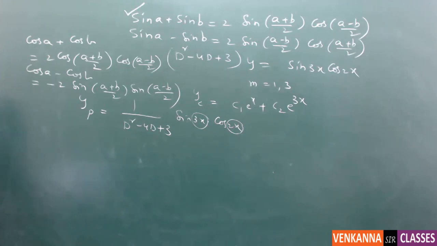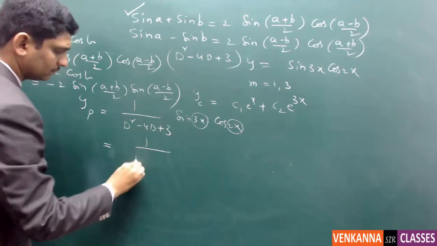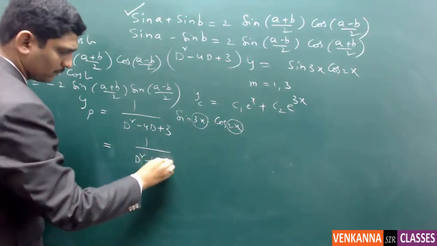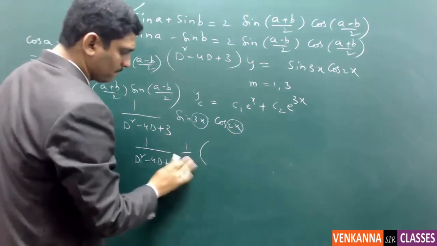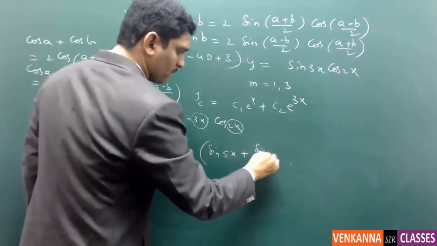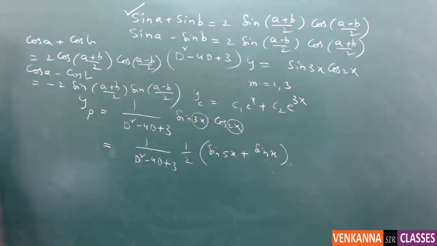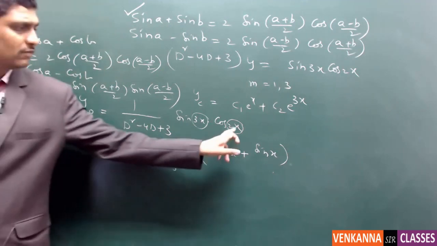So sin 5x plus sin x, all of you agree for that? Using that formula, I am going to write it as: 5 plus 1, 6, 6 by 2 is nothing but 3x. 5 minus 1, 4, 4 by 2 is nothing but 2.